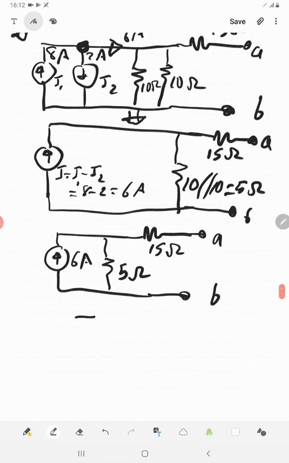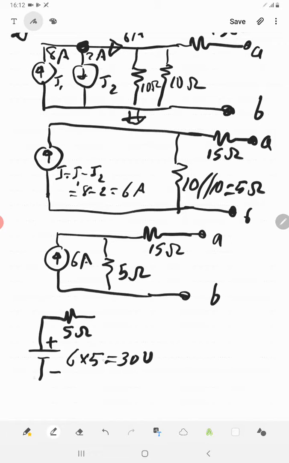So what we'll be having is a 5 ohms here and a voltage source here, plus minus. This voltage source is this current, 6, times 5, okay, which is equal to 30 volts.